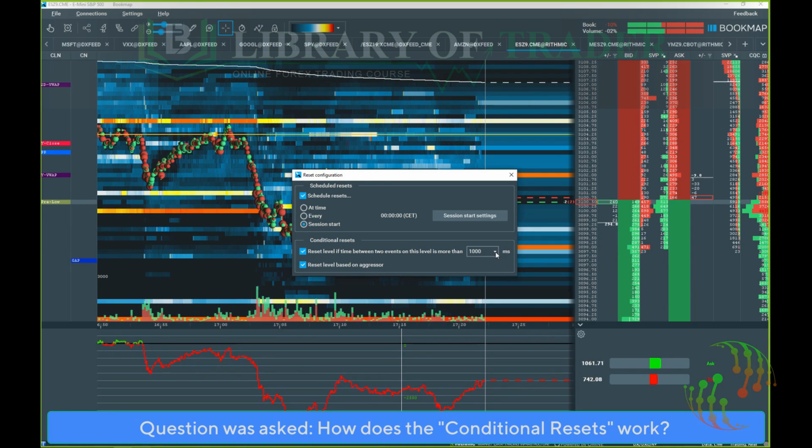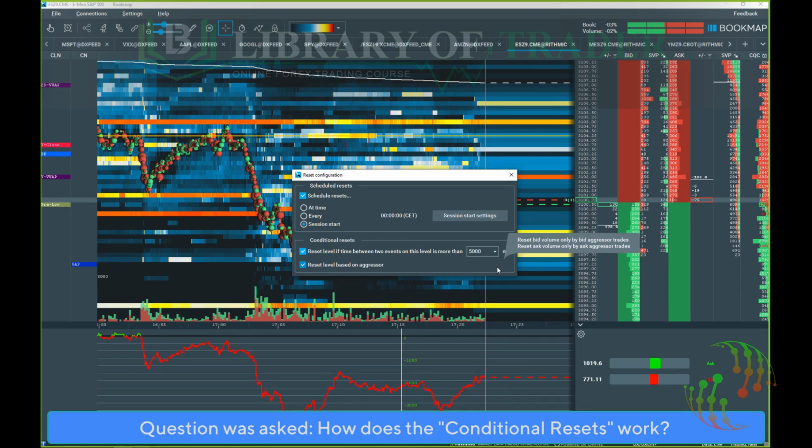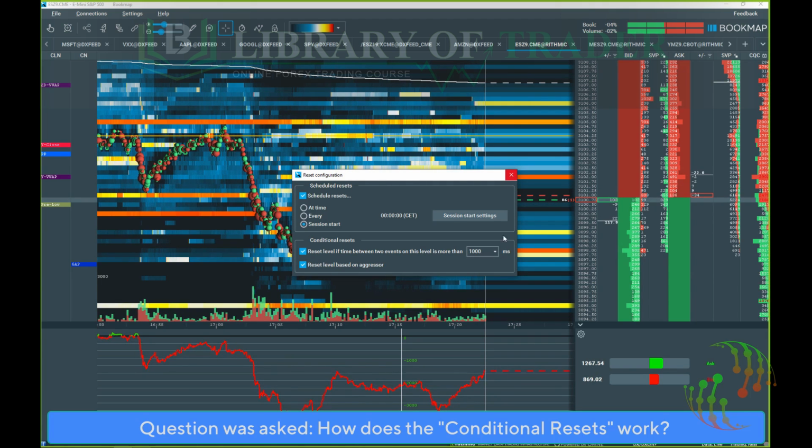When we are talking about the treasuries, I would for sure set this time to at least 5,000 milliseconds. So it depends on the instrument traded, because the treasuries need a lot of time to move. Let me show you the treasury. Excuse me, just a moment.